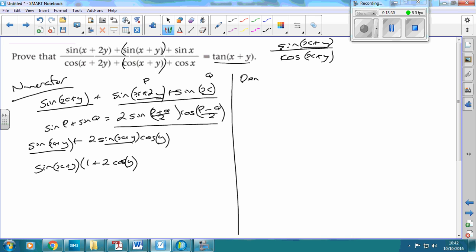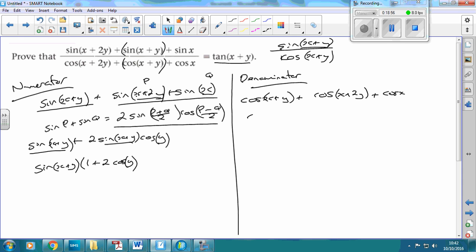Denominator. So again, because we know that sine of x plus y over cos of x plus y is tan of x plus y, let's bring this thing to the front. So cos of x plus y plus cos of x plus 2y plus cos x.